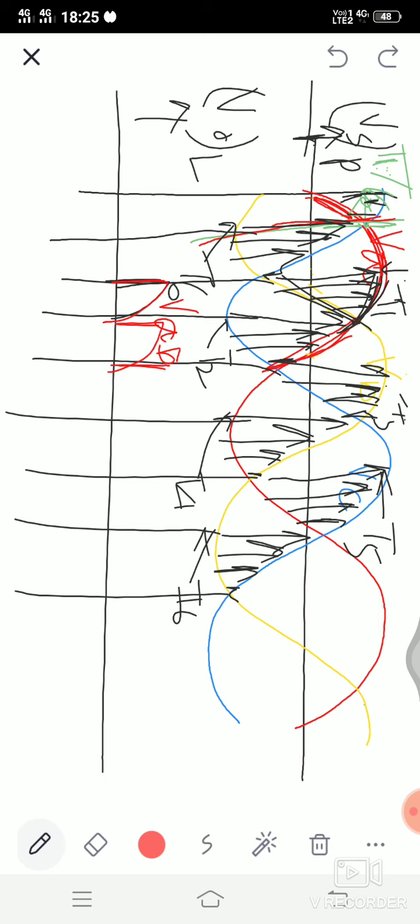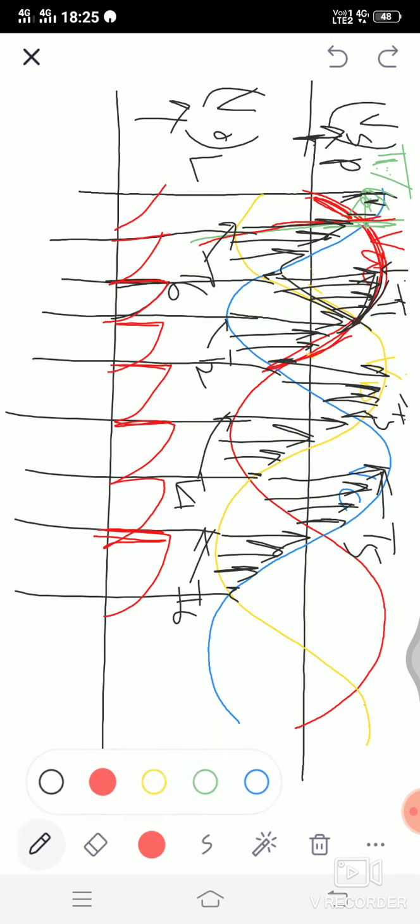After that, so this is VAB. Next, this will be your A minus C, so VAC.